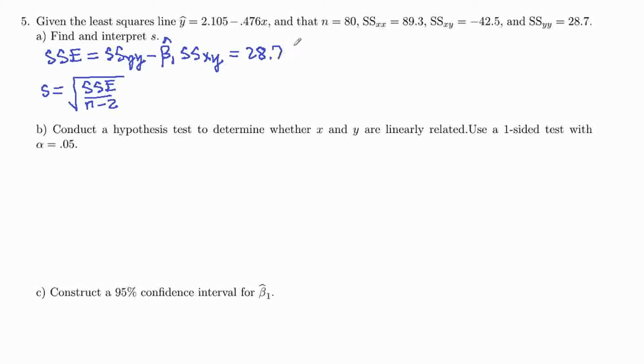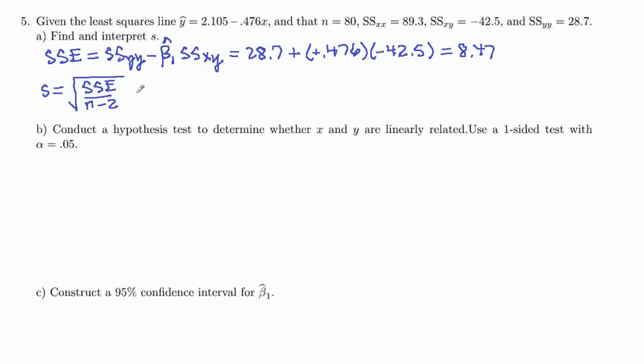I've given you some of the intermediate calculations here. And then minus our slope, negative 0.476, times sum of squares of xy, which is negative 42.5. So we've got 3 negatives in there, and 2 negatives would make a positive. And then if we enter this into the calculator, we get 8.47.